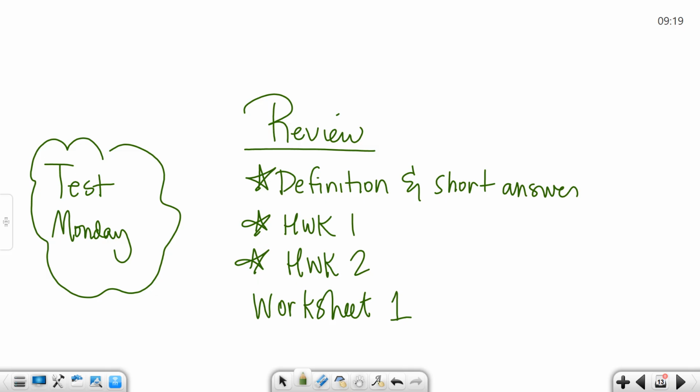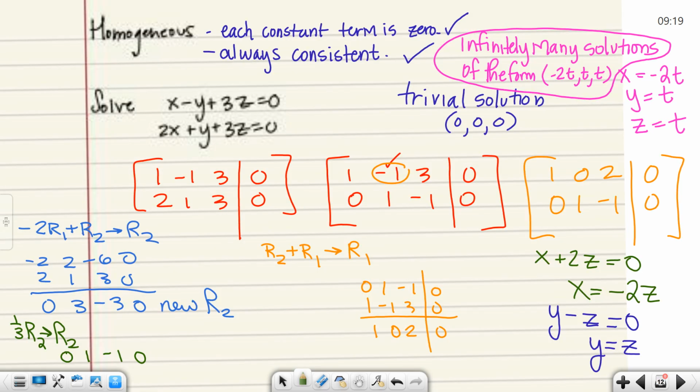One of the questions on your weekly assignment 2 gave you a problem that says, the system has been reduced down by elementary row operations to this certain matrix. Write the correct system. That was number 13 on your homework. I didn't go over one quite like that, but I kind of went over it like this one.